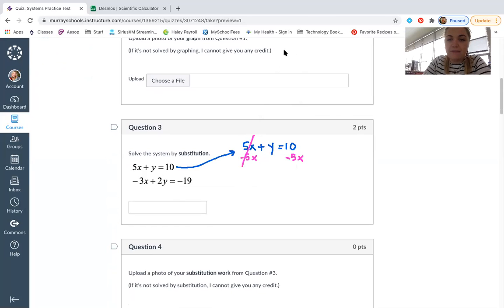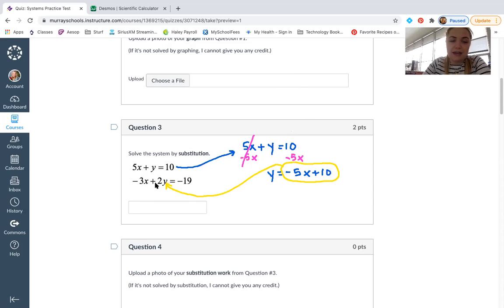These will go away. And then I have y equals -5x plus 10. Okay, once I have that, it is now solved and nice for substitution. Since y equals all of that stuff, I'm actually going to substitute that into the second equation in the place where I have a y.